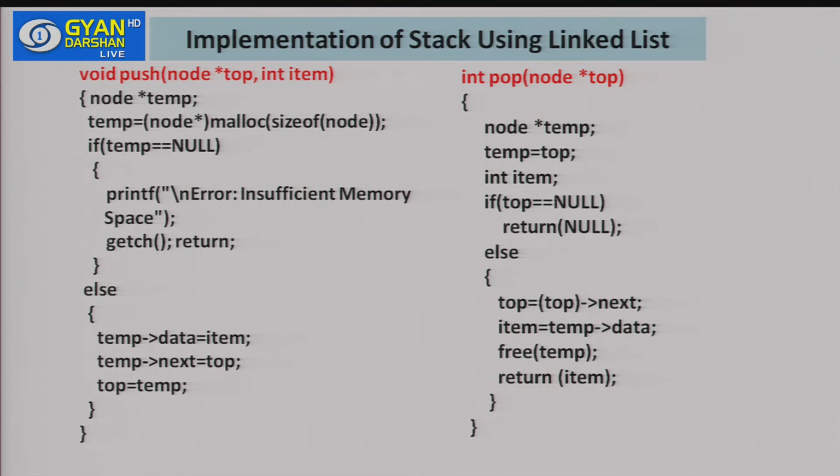The item which is being popped is returned back, because in the function definition its return type is int, so that item will be returned back to the calling function, where we may display it. So this is how we can implement the basic stack using the linked list method.